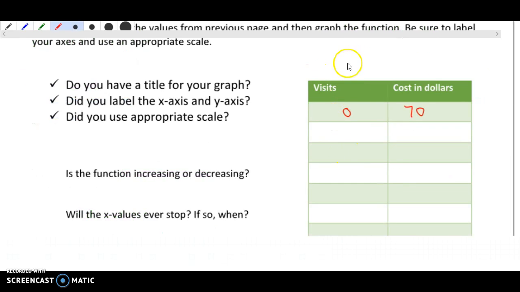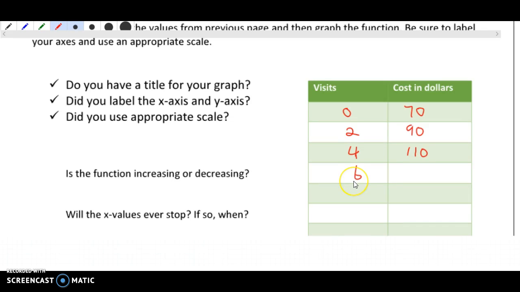Okay, we're going to put those ordered pairs, our data points, in a table. So 0, 70, then 2, 90, and for 4 visits, 110. We should probably calculate one more data point.